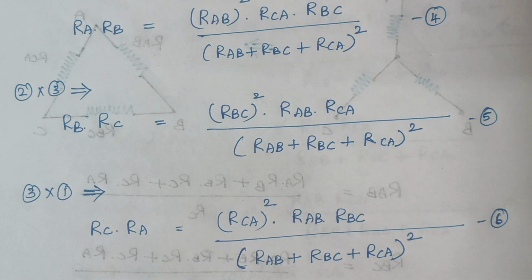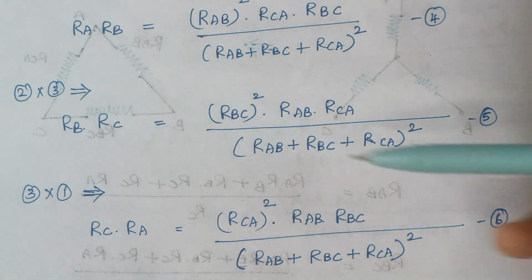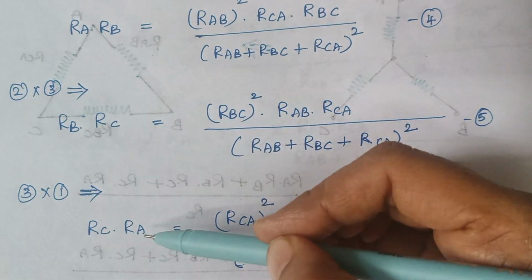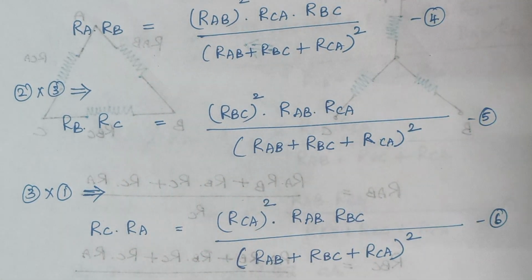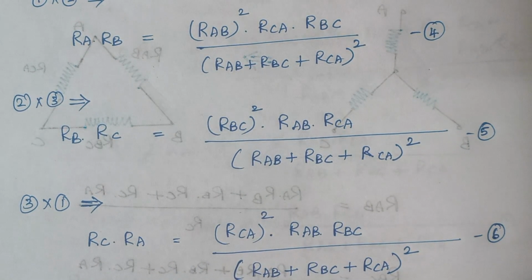The next step is we are going to add these three terms, 4, 5 and 6. When you add these three terms, you get RA into RB plus RB into RC plus RC into RA on the left hand side. On the right, there are some common terms.